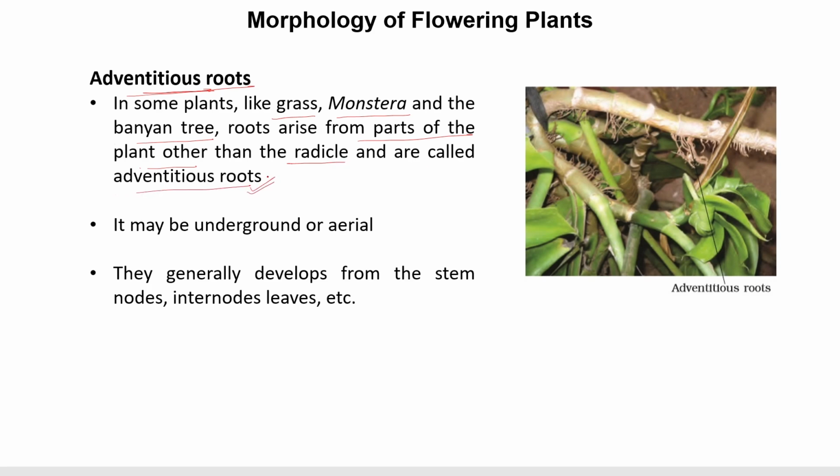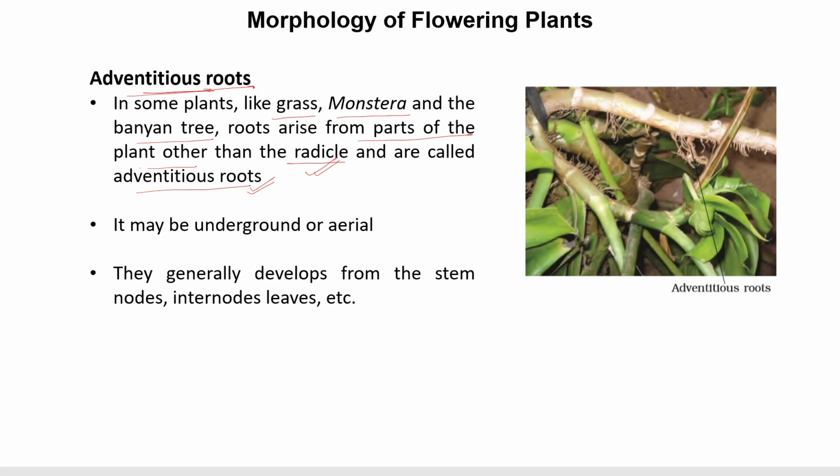So in both cases, whether it is a taproot system or a fibrous root system, the root has originated from the radicle. Radicle originates from the seed. If it is a dicot plant, it will form the taproot system. If it is a monocotyledonous plant, then that radicle will form the fibrous root system.